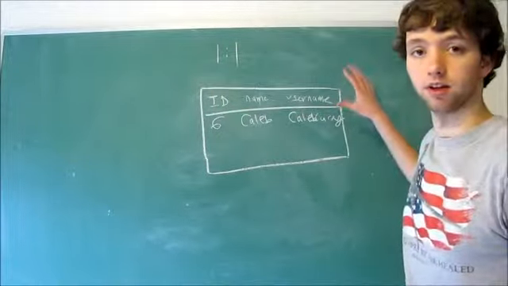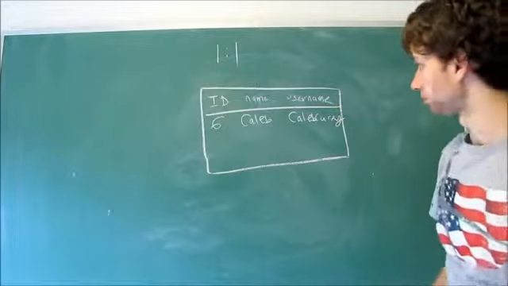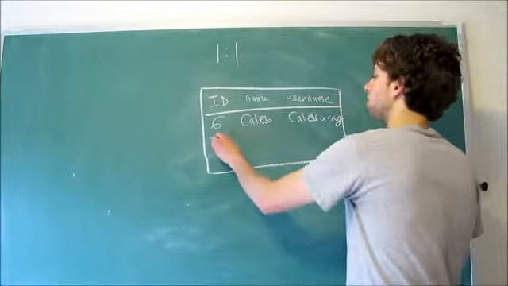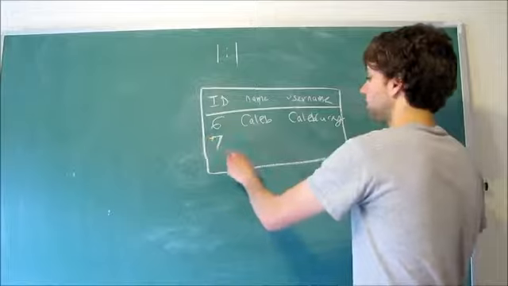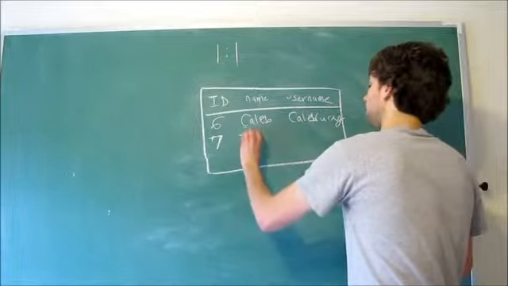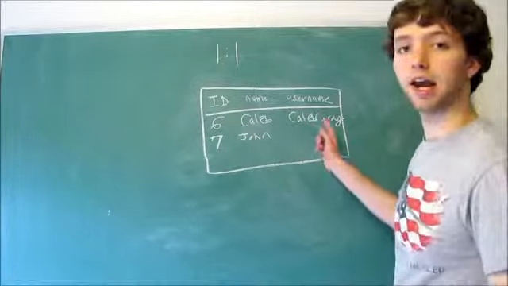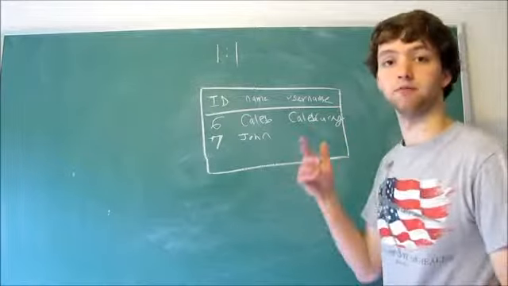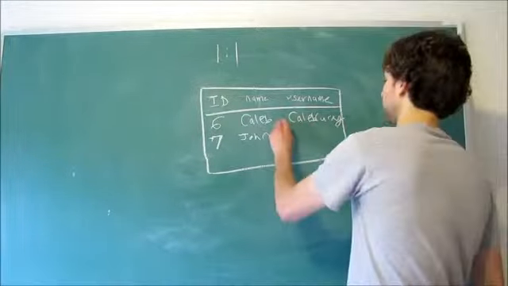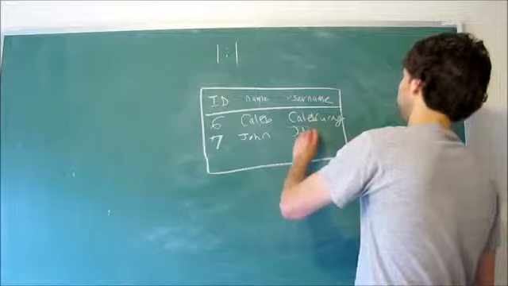We would put it within the same table. And if we have a new row within our table, we now have a new person. This person can't have another username like Caleb Curry. They have to have a different one. So we can make it John123.